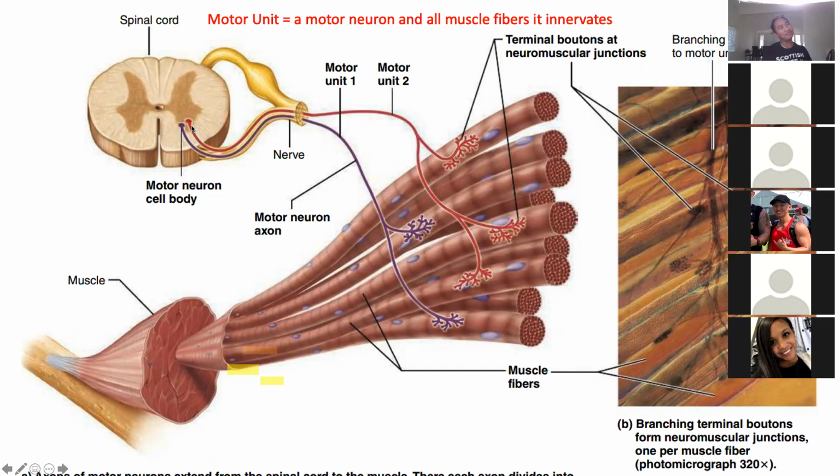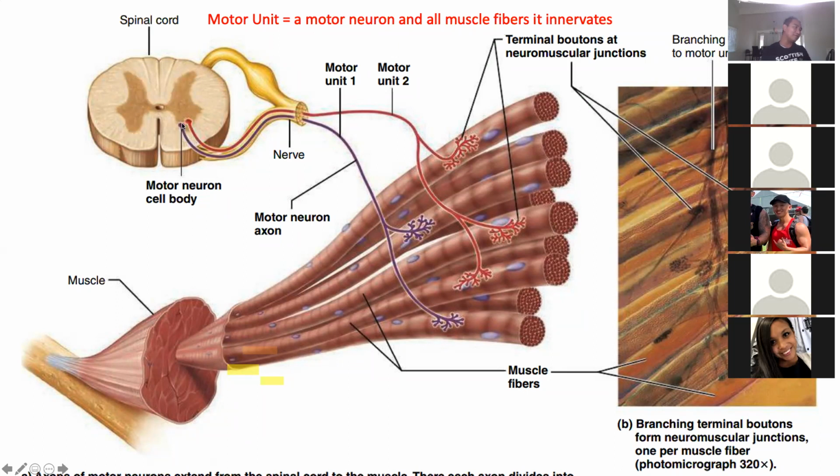So motor fibers will come out from the anterior horn of the spinal cord. It looks like a little horn. So this is the anterior horn, and that is the posterior horn: right posterior horn, left posterior horn, right anterior horn, left anterior horn.